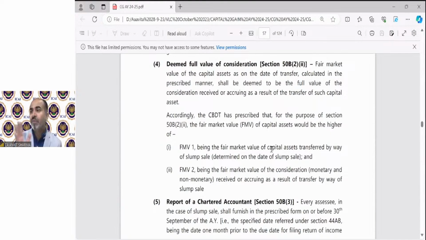Suppose the unit we are transferring and the capital asset FMV does not necessarily match the balance. Suppose the FMV of all those assets is 80 lakh rupees. That will be my FMV1. Now, FMV2 is the fair market value of the consideration.